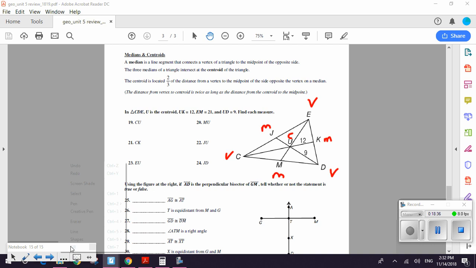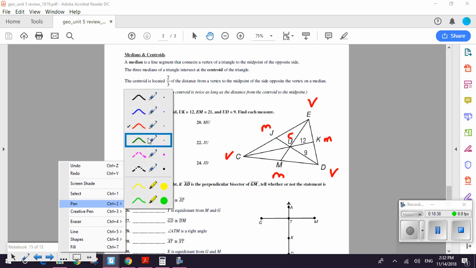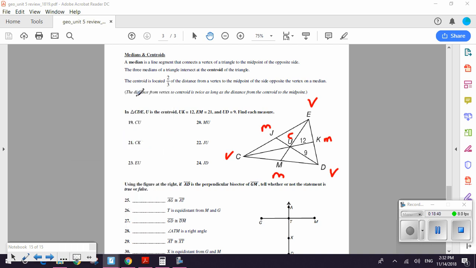We practiced this in class. The same information, just different numbers. The distance from vertex to centroid is twice, so 2 times the distance from centroid to midpoint. So if I look at the picture, I have one vertex to the centroid is 9. That's UD.